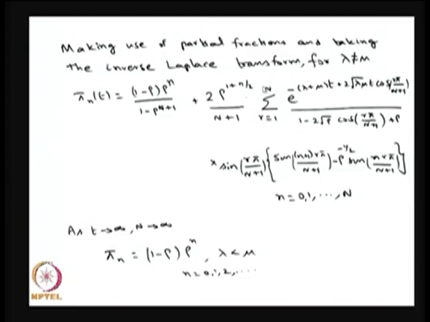For lambda not equal to mu, you will get the steady state or stationary probabilities plus this expression, a function of t, e power minus lambda plus mu times t plus 2 times square root of lambda mu times t, cos of r pi by n plus 1, with this expression in the denominator, and this result is for the initial condition 0.